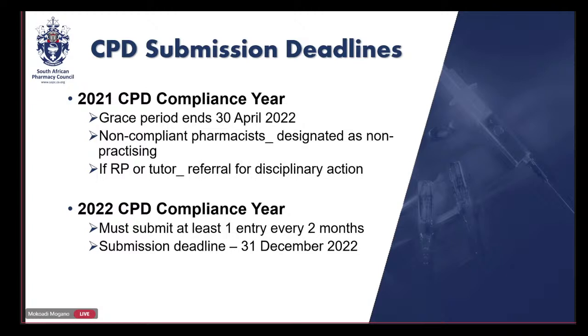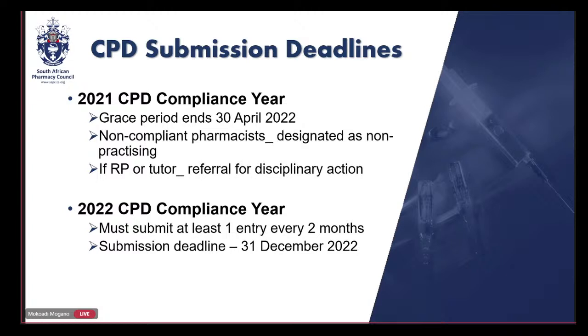For instance, most people try to submit their entries on the 31st of December, but because of the traffic, there was a system glitch and they couldn't submit. So it just happens that when you do submit at the last minute, something most of the time goes wrong. So we urge pharmacists to submit at least 1 entry every 2 months.